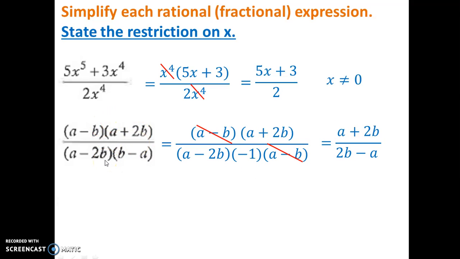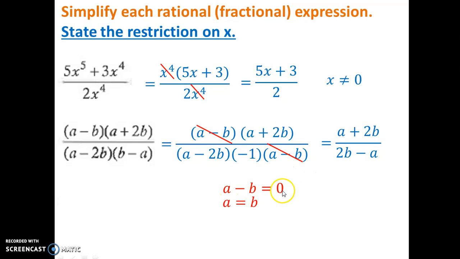This one we're going to go a little further. Look at the beginning one. And the way to find out how the bottom becomes 0 is by taking each factor and setting it equal to 0. So our first factor, a minus b equals 0. Even if the negative was pulled out, here's the a minus b factor, right?